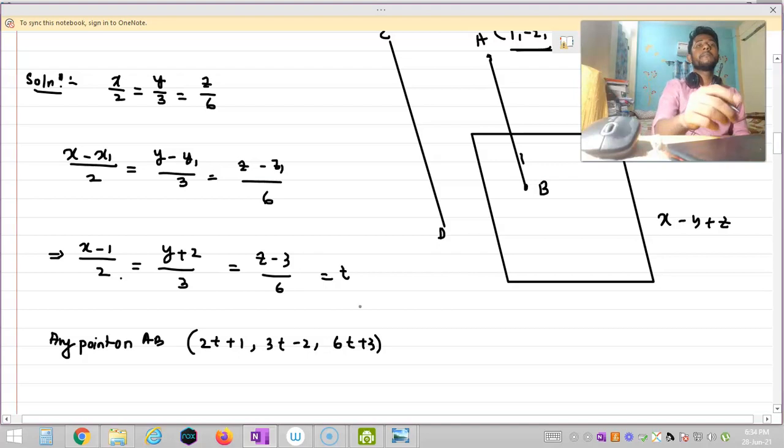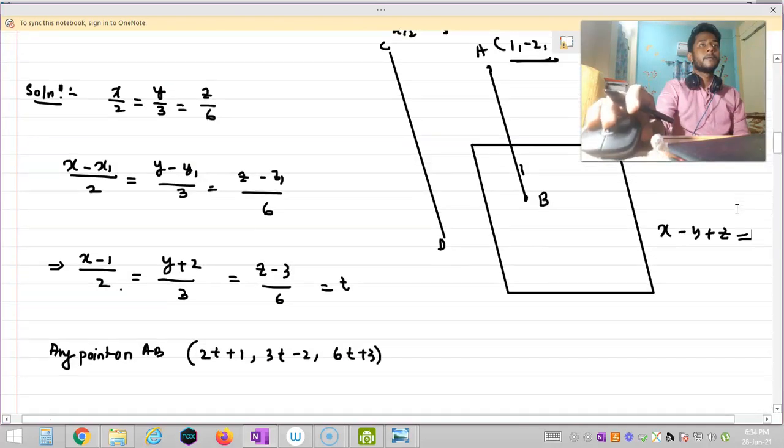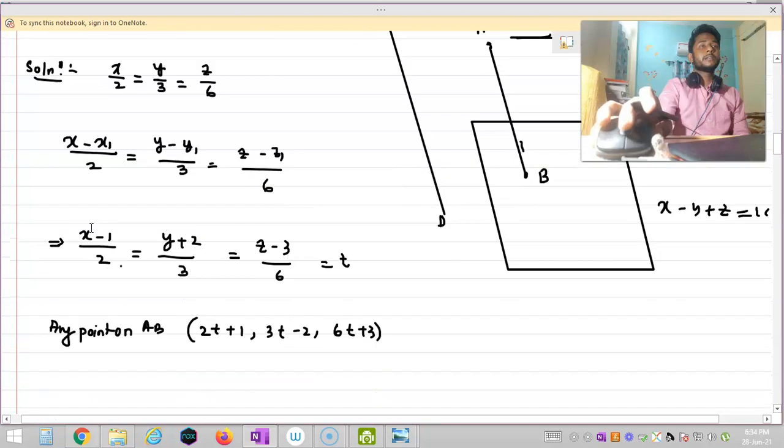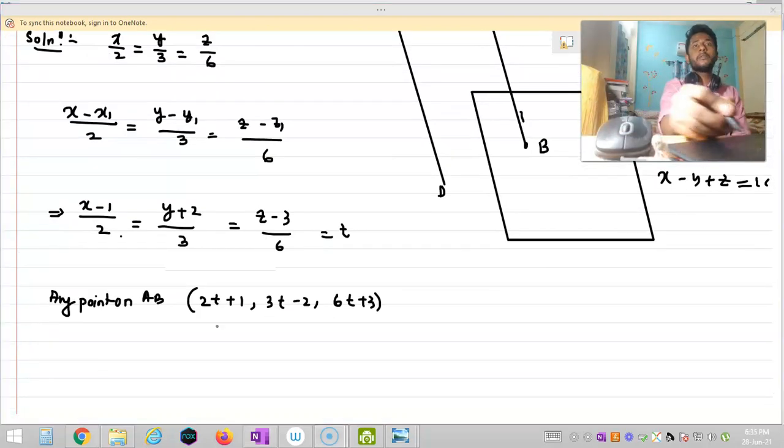Now you can see that B is also a point on AB, so B is also of this form. You can also see that B is lying on this plane. Here I just need to put this value here to get the value of t. As B lies on this plane, B must satisfy this equation.